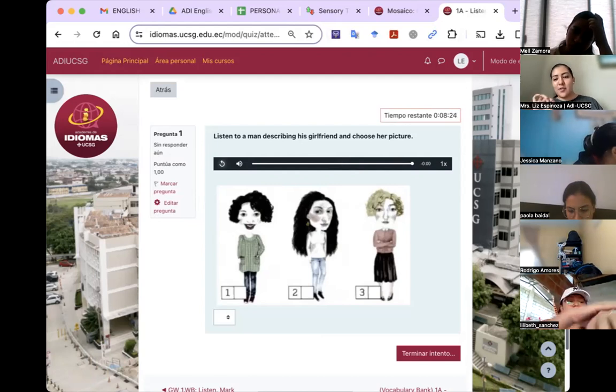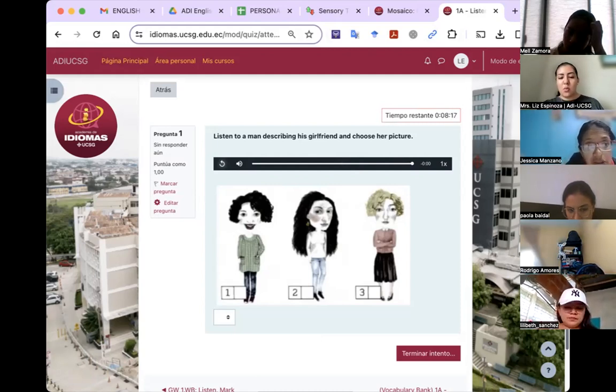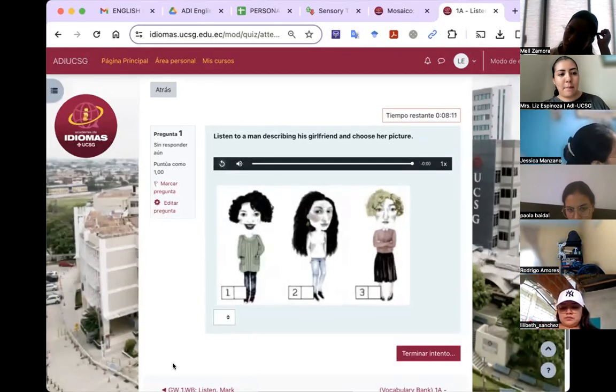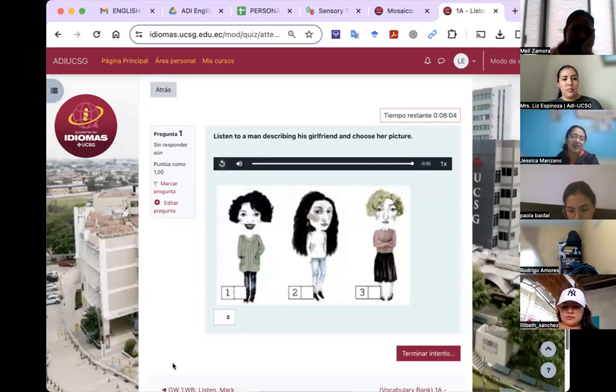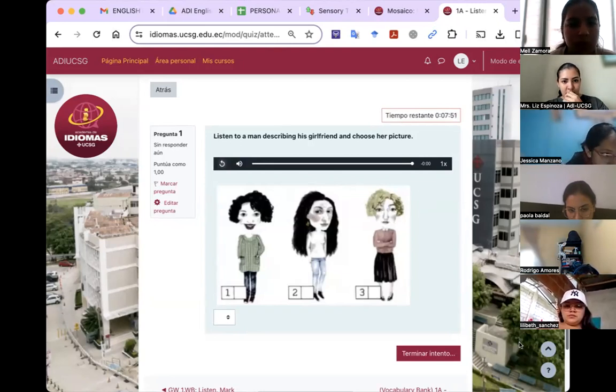Right now in the chat of Zoom, write the number you think is the right answer. 1, 2, or 3. Very quickly. Go to the chat in Zoom and write the number you think is the correct one. Very quickly. Okay, I have 4. What about the rest?